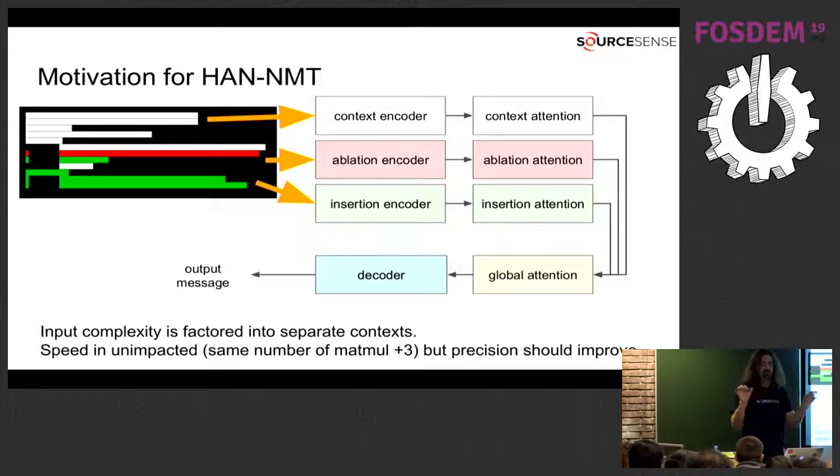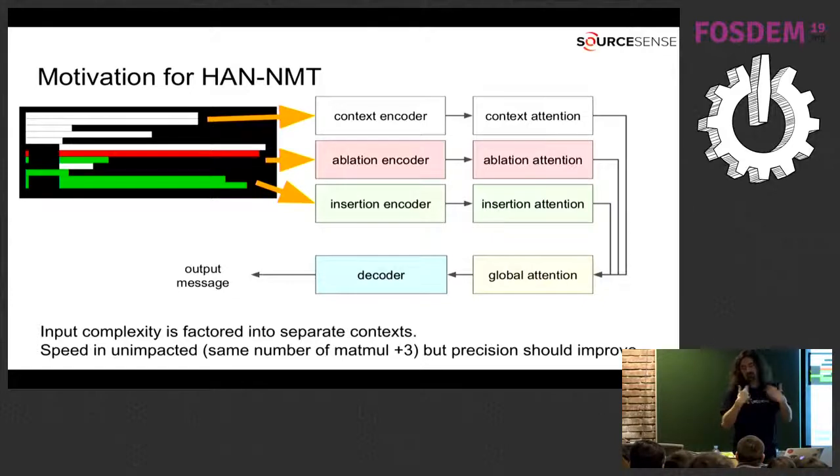The input complexity, the advantage is that it's factored into subparts. The speed is unimpacted because you have the same number of matrix multiplications plus 3. I mean 1 for each time you unfold. So if you have a 500 long input, you do 500 at least matrix multiplications.